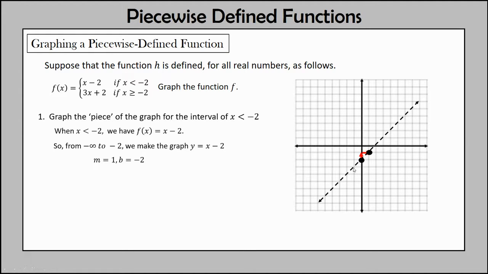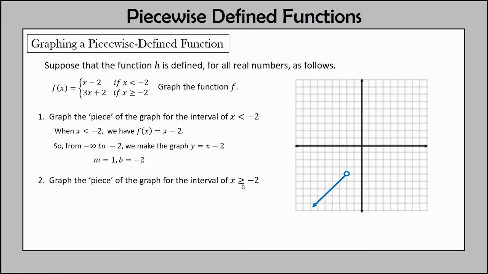So I'm only going to pick the line up right here. So when x is -2, right here to the left, because that's towards -infinity, right? So this is the only part I want of this line, that way. Because when we're greater than -2, I'm going to define it with this rule.